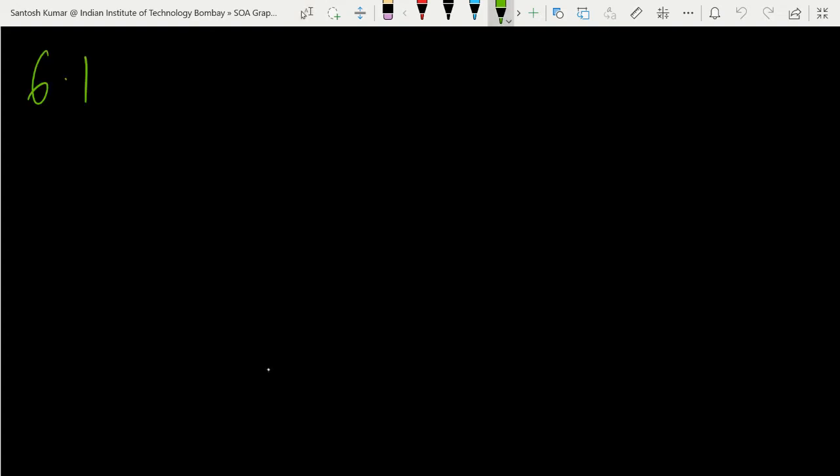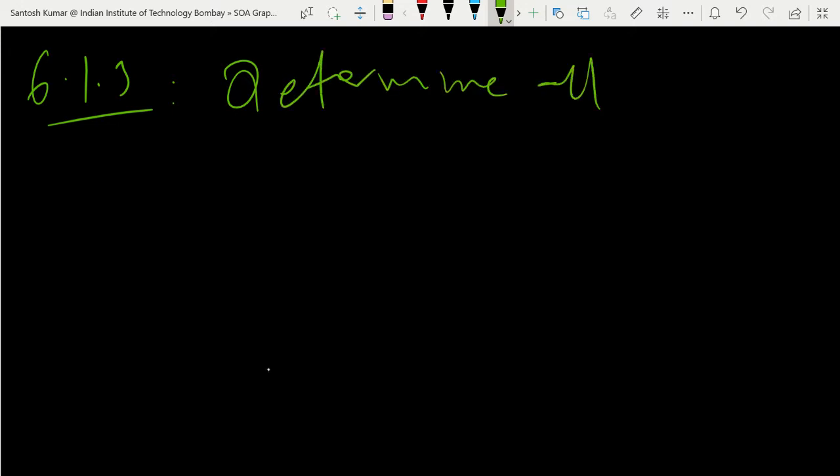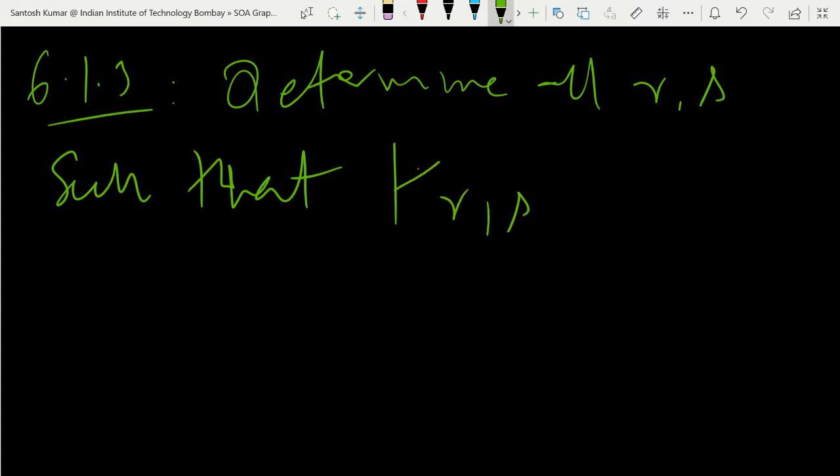The question is: determine all R, S such that K_RS, the complete bipartite graph with R and S vertices, is planar.